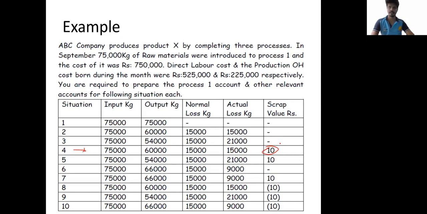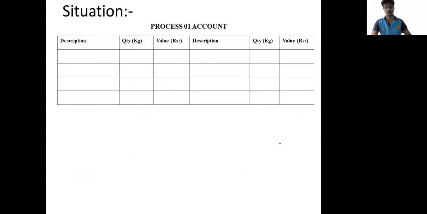Okay, now let's record this. Situation number 4. First record the things available. Direct material cost, quantity 75,000 kilograms.